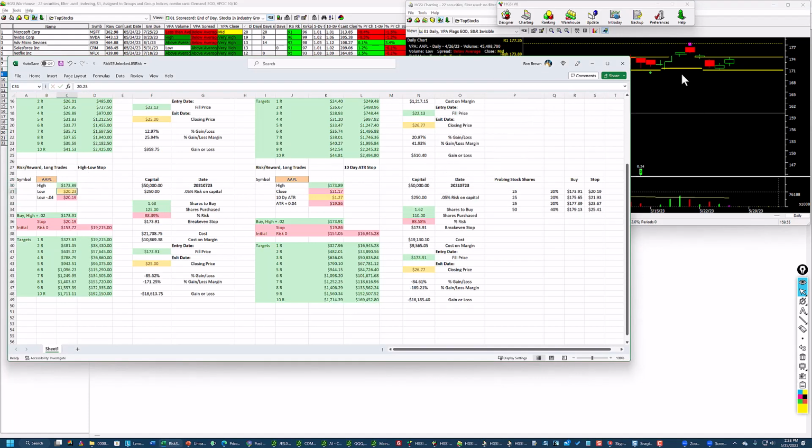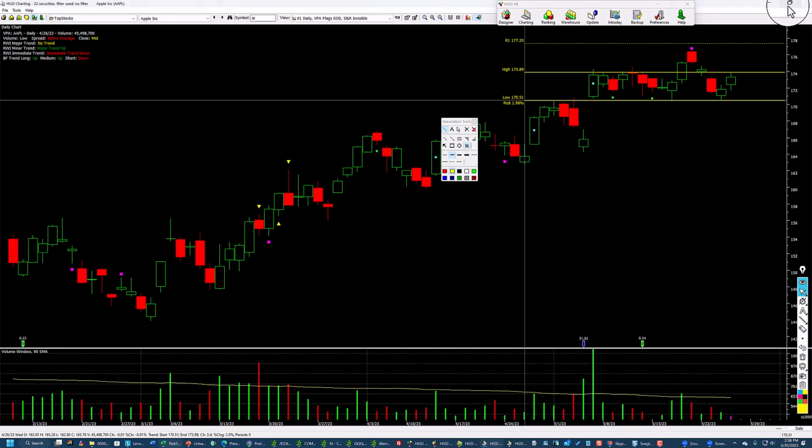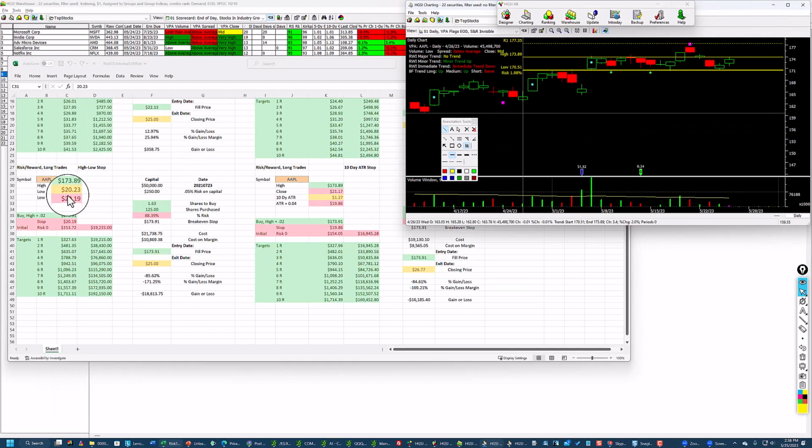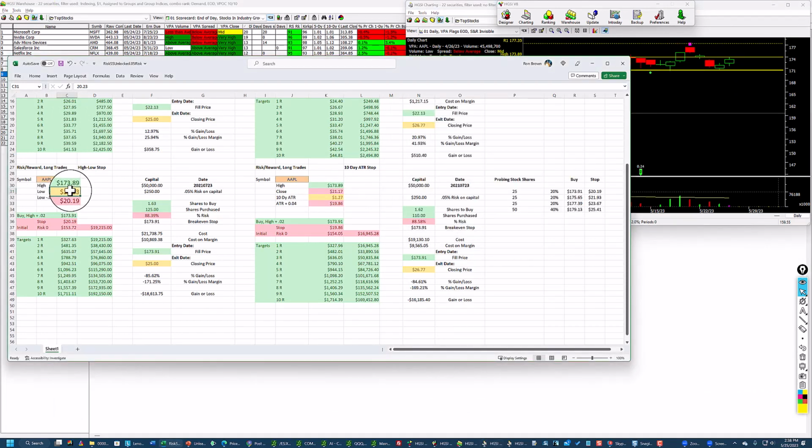And I need to bring that back up. 170.51. Okay, so you can see right there where the risk is, it's only 1.98%.